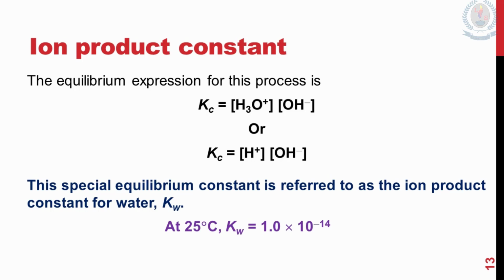We took the equilibrium expression for this process and it is Kc. Commonly we write the Kc expression, but this is a special equilibrium constant, and we have a special name for that, that is Kw. Kw at 25 degrees centigrade is equal to 1 into 10 to the power minus 14. That is the value of Kw.